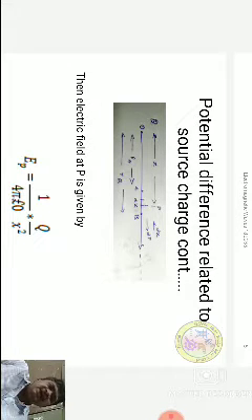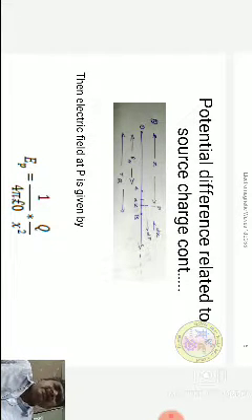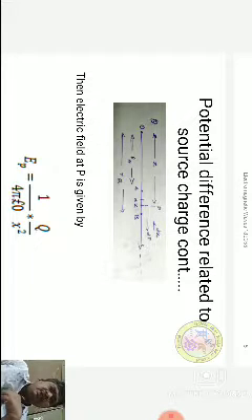What is RA? RA is the distance from the point Q, the point O, to A, and RB is the distance from the origin point O to B. So RA and RB are the distances from O to A and O to B respectively.